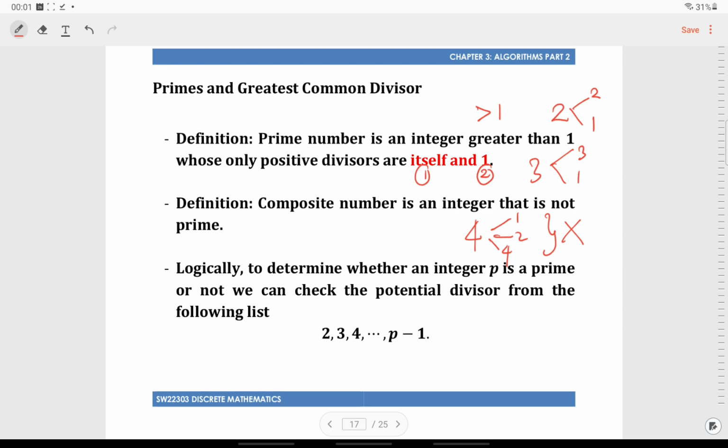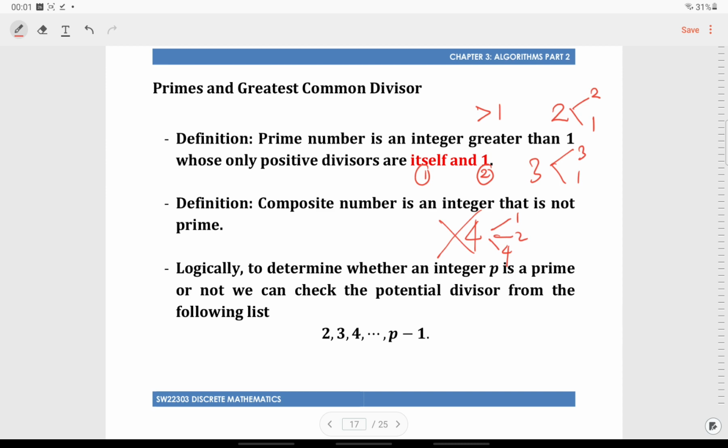But for 4, there are 3 divisors: 1, 2, and itself. So 4 is not a prime number. For a non-prime number, we call this kind of number a composite number. If it is not prime, it is a composite. So a composite number is an integer that is not prime. So 4 is a composite number. 4, 6, 8, 9, 10, 12, and so on. All these numbers are composite numbers.